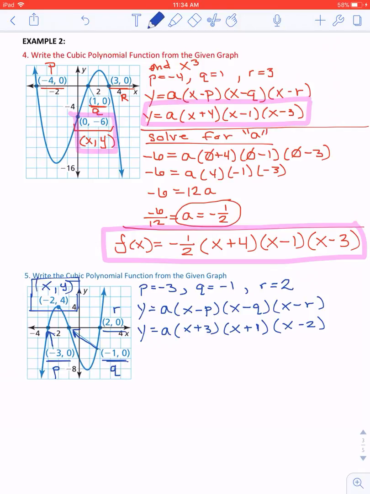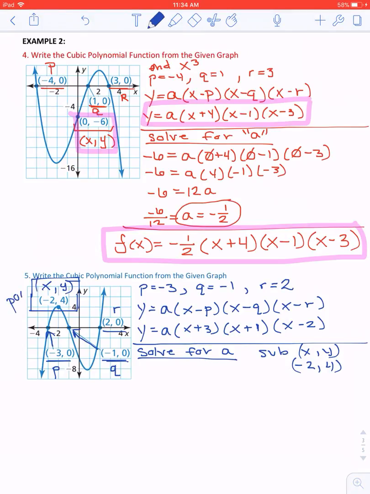Can I leave that? No, you need to solve for A. How do you solve for A? You need to substitute in your point. What point do we have? -2, 4.